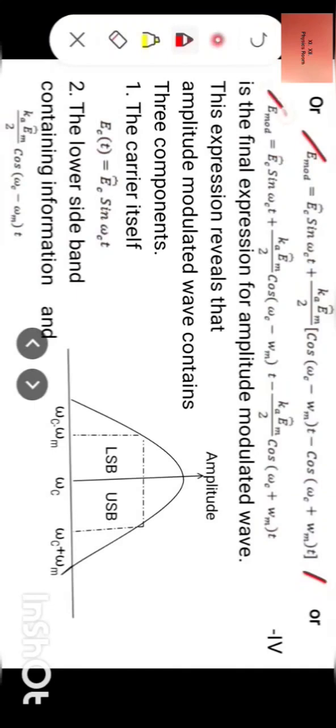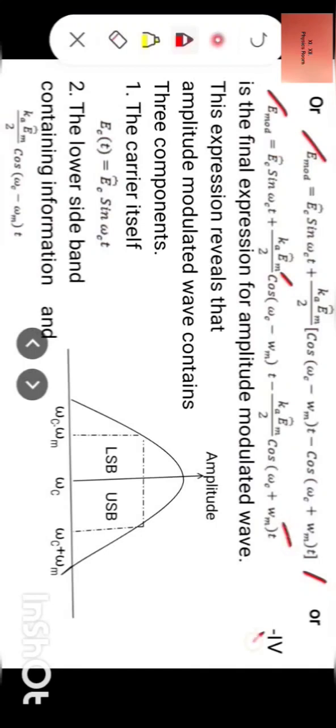Or we can write E mod is equal to E_c max sin omega_c t plus Ka E_m max divided by 2 into cos(omega_c minus omega_m)t minus Ka E_m max divided by 2 into cos(omega_c plus omega_m)t.